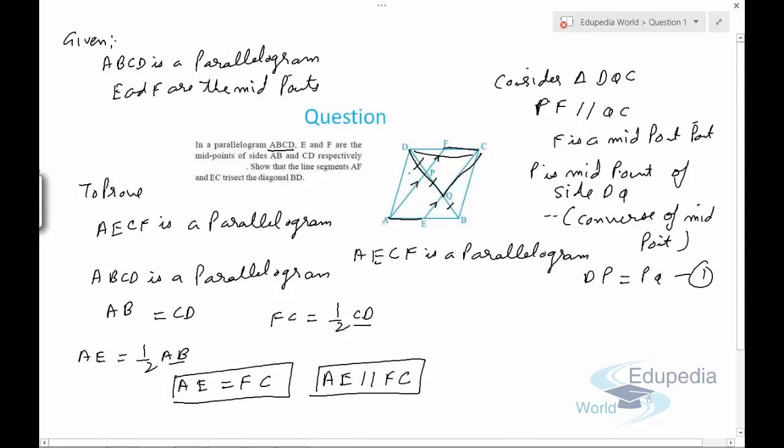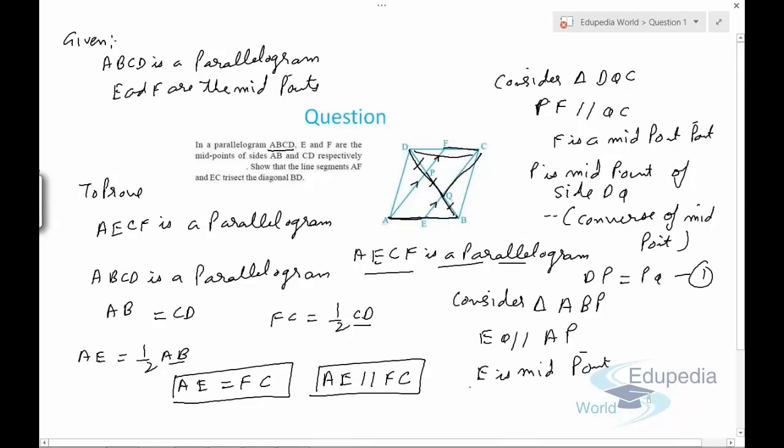Similarly, consider triangle ABP. Then also EQ is parallel to AP. Why? Because AECF is a parallelogram and E is a midpoint.